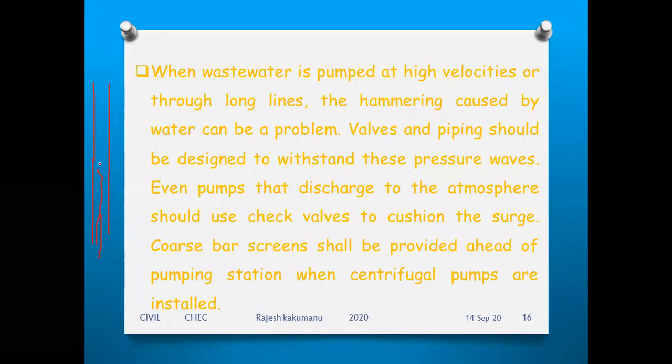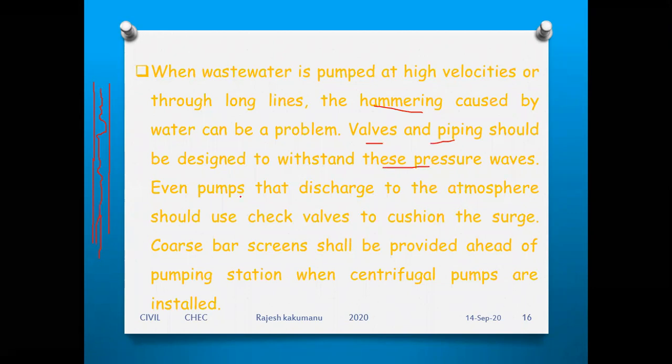Whenever the water is going at high velocity through a long pipe, hammering, that sound and those vibrations, occur in the pipes. That is also a problem. Valves and piping should be designed to withstand these pressure waves, so to reduce hammering we have to maintain the valves and piping system to withstand them.